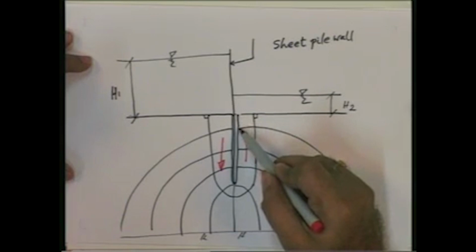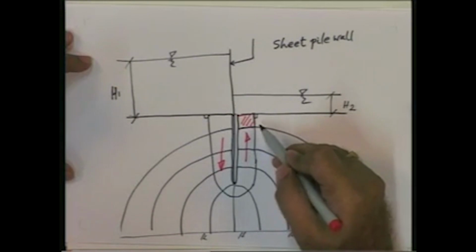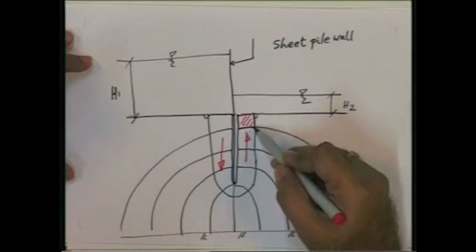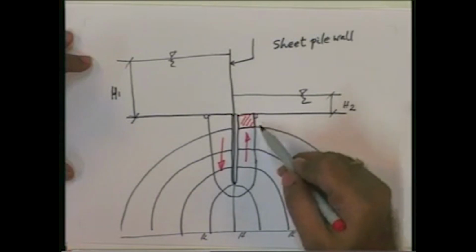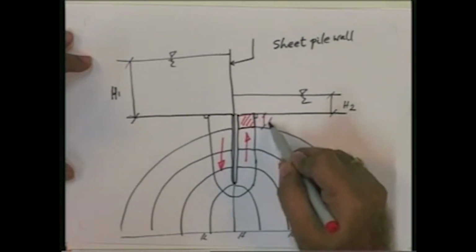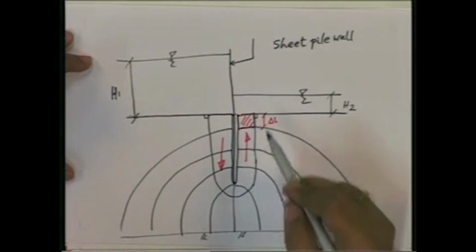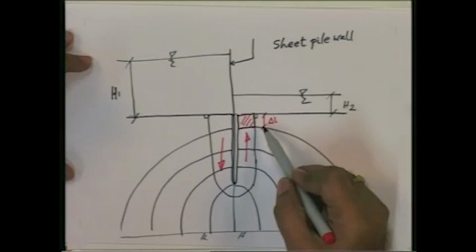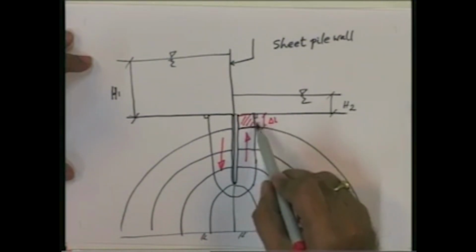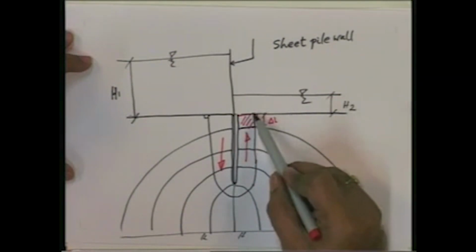Suppose the head loss occurring between these two equipotential lines is delta H, and this length is delta L. This delta L can be obtained from the flow net construction, and it is the length of the flow, and delta H is the head drop occurring between this equipotential line and this equipotential line.